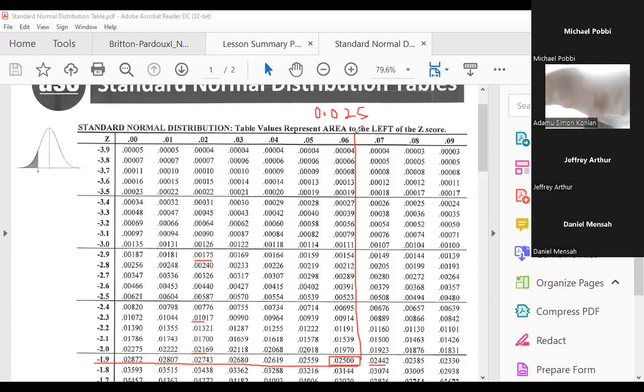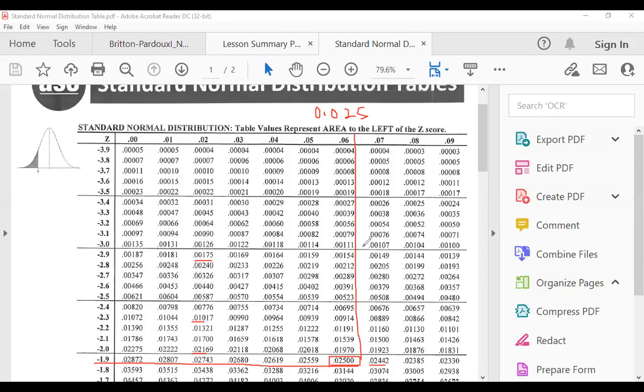Okay, so once we got this, we can read the Z value, which is minus 1.9, okay, with the second decimal place, which is what? Which is 6, okay? So our critical value is negative 1.96, okay? Very well.